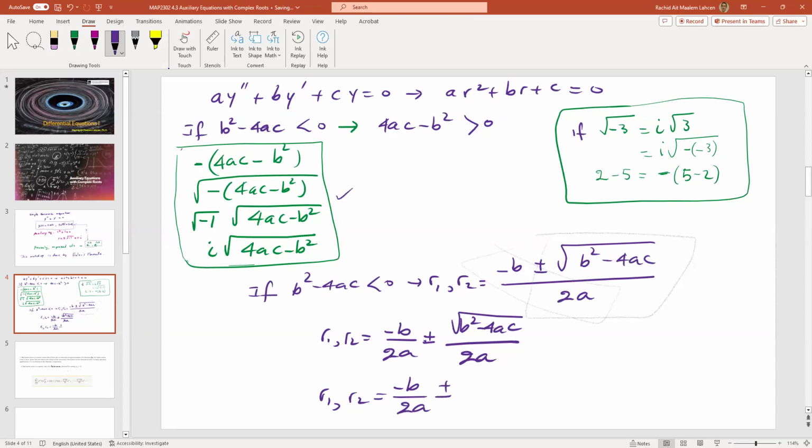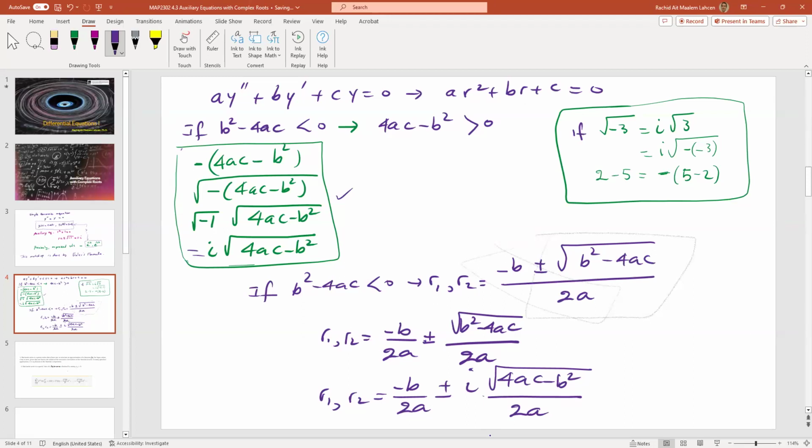Now I'm going to use this idea: i square root of 4ac minus b squared over 2a. You see, that's really pretty cool. Knowing that b squared minus 4ac is negative, we can rewrite the equation without even putting any numbers and show i.